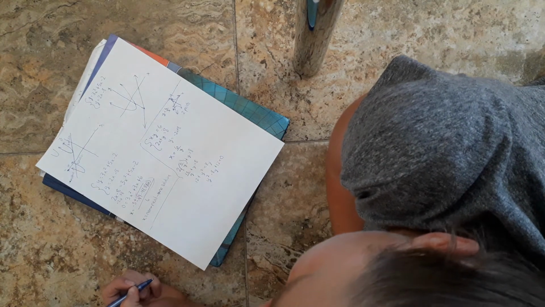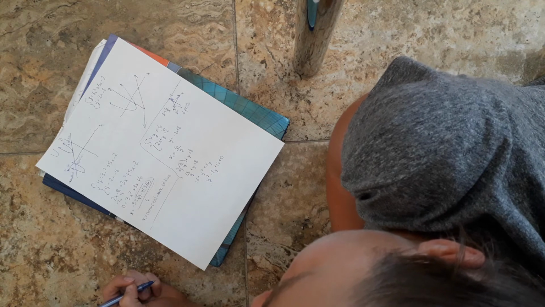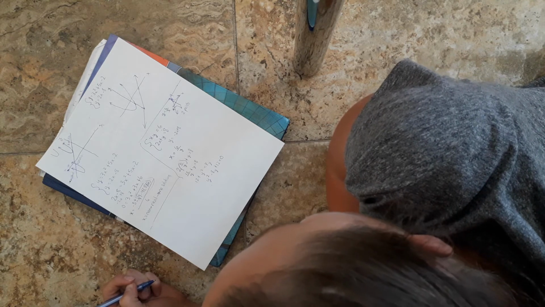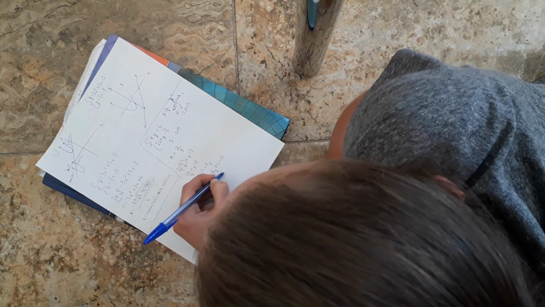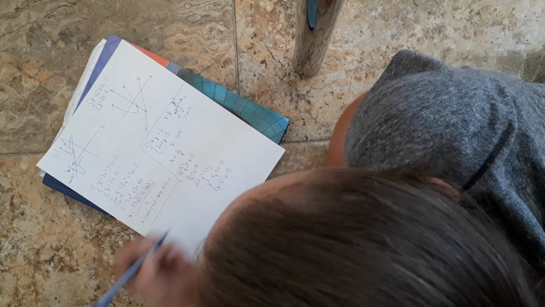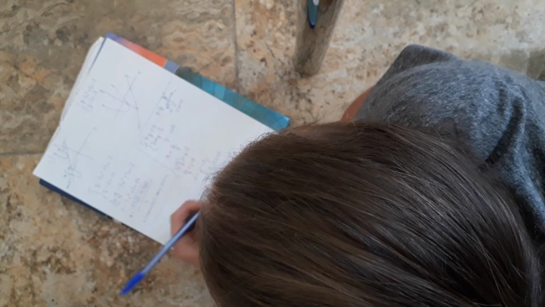Can I factor that? Is there something times something that equals 12, and such that when you add them together you get 8? There is: y minus 6 times y minus 2 is equal to 0, which means we have y equals 6, y equals 2.